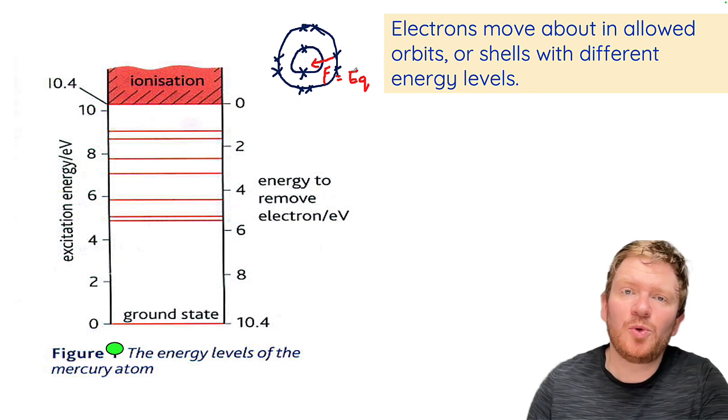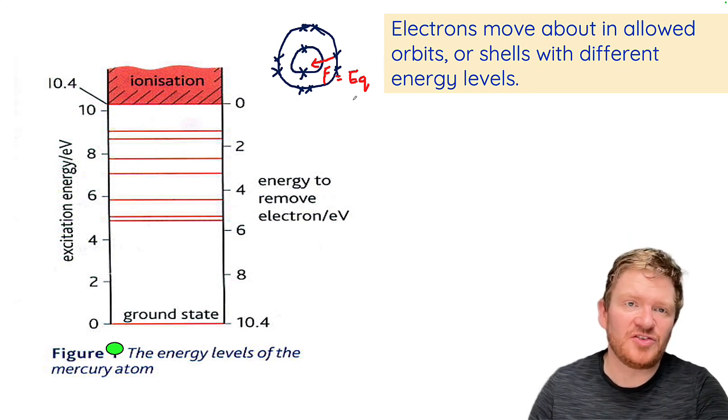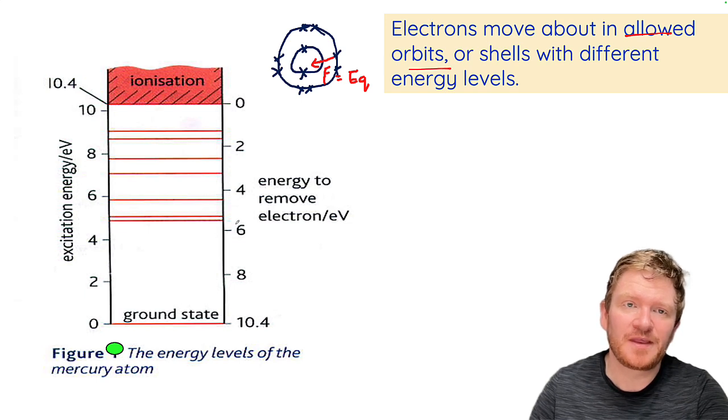Now, what quantum physics suggests is that these particular energy levels are quantized, so they have only allowed orbits, only allowed levels. Rather than drawing it like this, in lessons we tend to draw it almost as a graph.